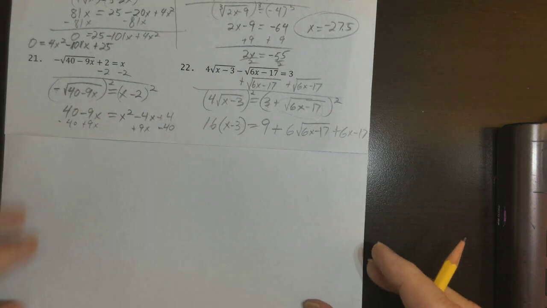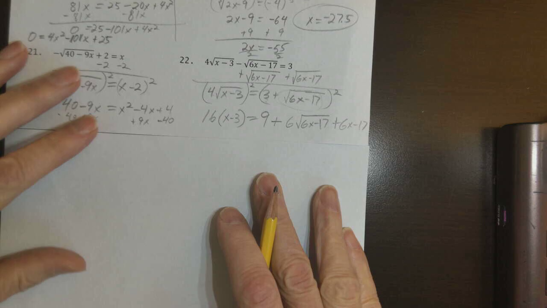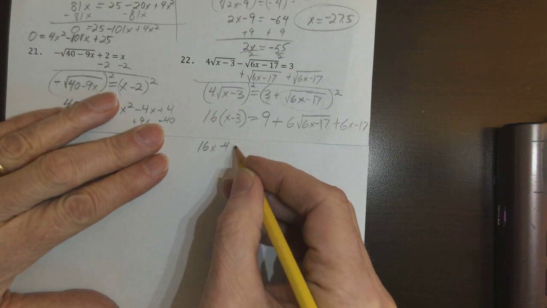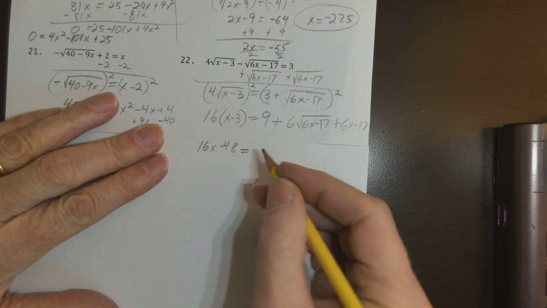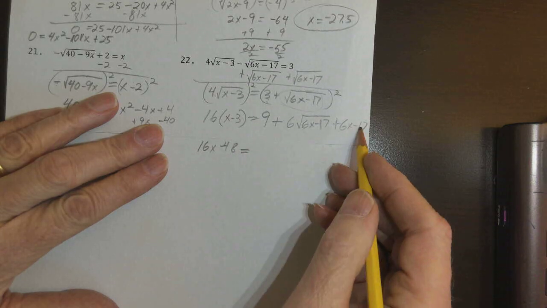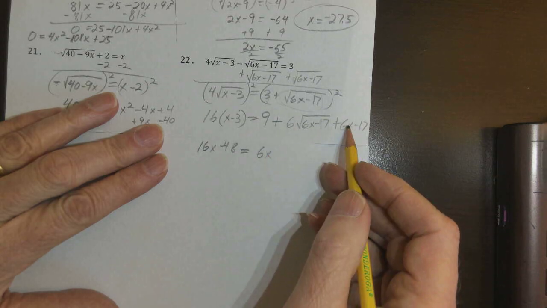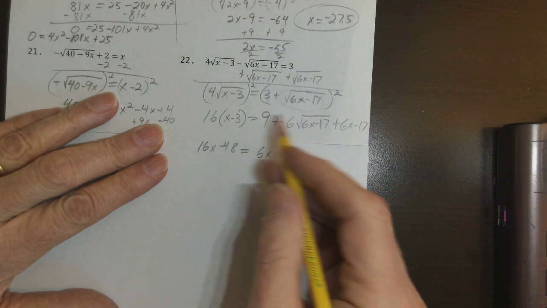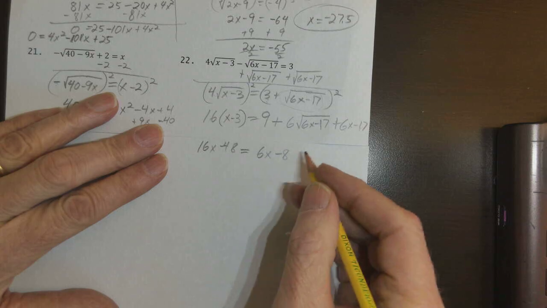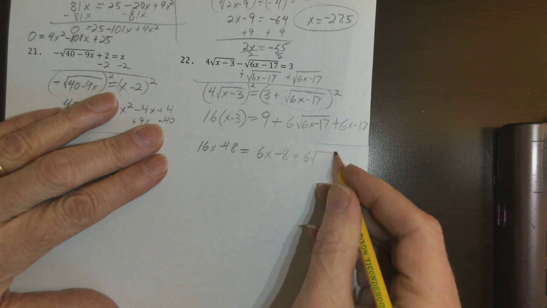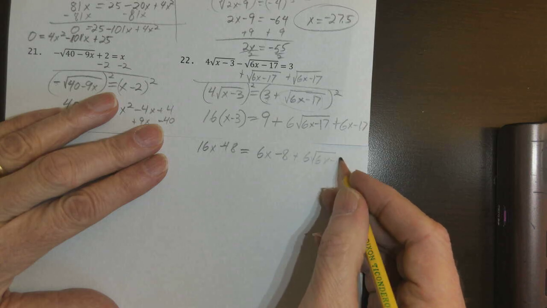All right, let's take 16x minus 48 here. I'm going to write the 6x first. The 9 minus 17 is negative 8, and then plus 6 times square root of 6x minus 17.